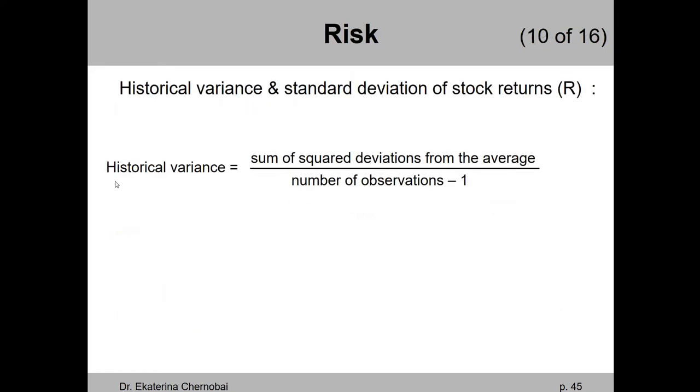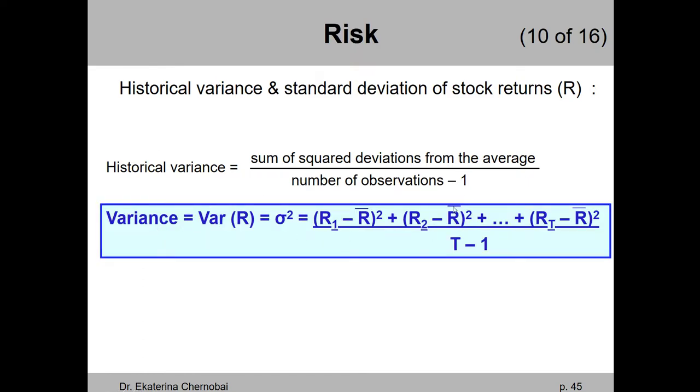Okay, so historical variance: we calculate the squared deviation from the average, then we add all of them up and divide by how many we have added up minus 1, which is this general formula: variance, or VAR, of returns. Sigma squared is a common symbol for it, and again, the Rs are the returns. So R1 means return in year 1. In our particular example, that's the return going from year 1925 to year 1926.